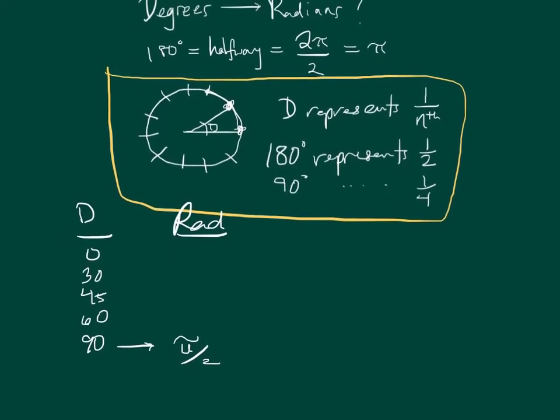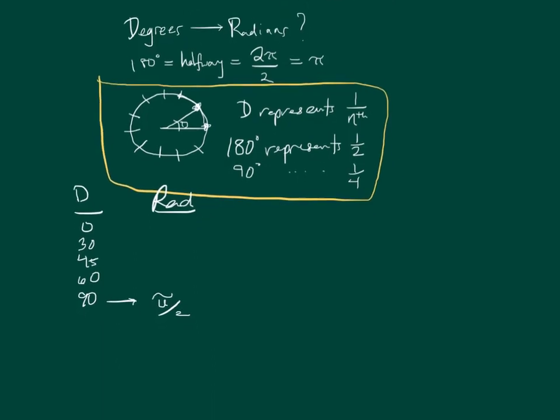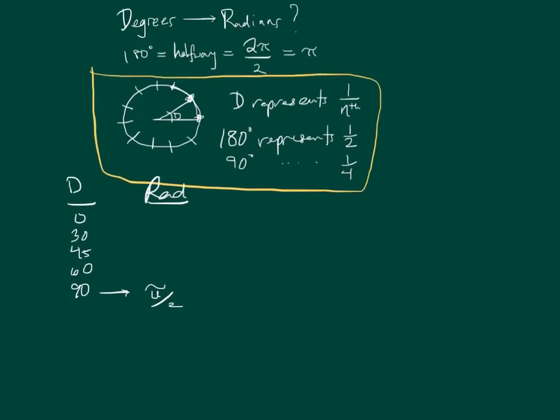We said that 90 degrees was 1/4 of the circle. So we said 90 degrees equals 1/4 of 360, which means our mystery value, the number of radians, will equal 1/4 of 2 pi.